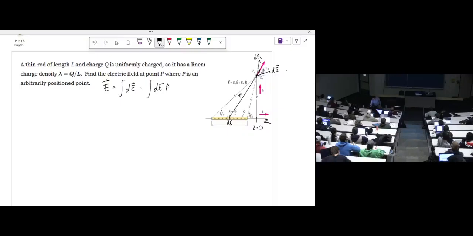I could break up dE1 or dE2, or my arbitrarily chosen point, such that it has a z component and an r component. So dE can be varied in z. That would be dE times r hat dotted into z hat.